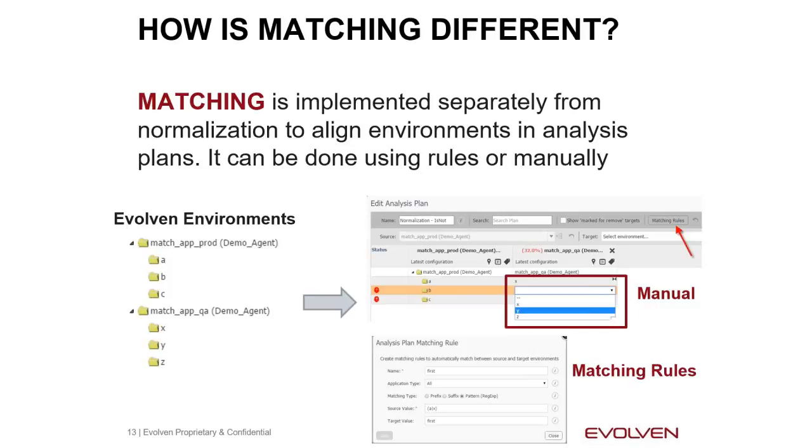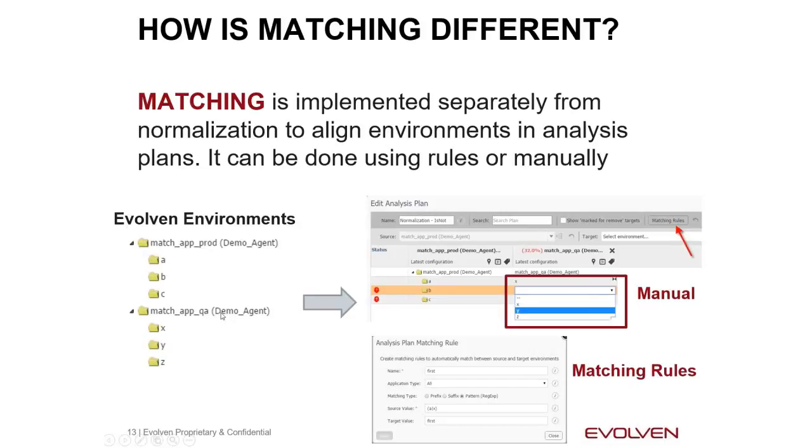So let's take a look at an example here. We've got on the left side, here's 6 environments. We have a folder and then 3 subfolders. And then here we have the same story, another folder and then 3 subfolders. And what we're trying to do is compare this match app prod with match app QA.